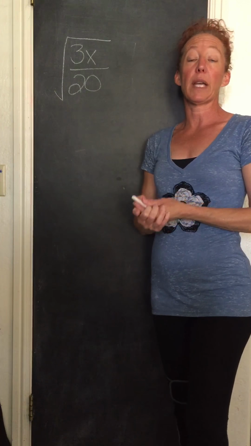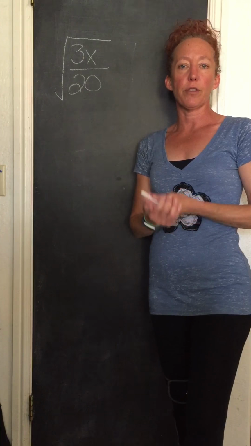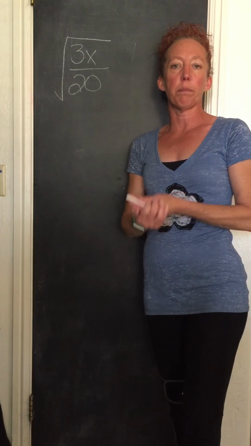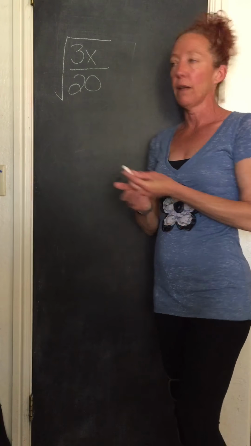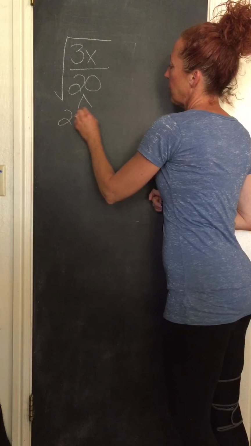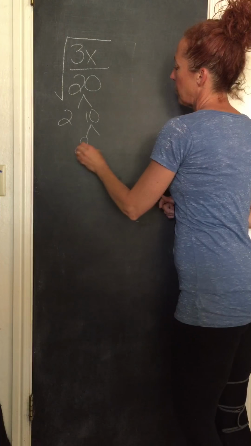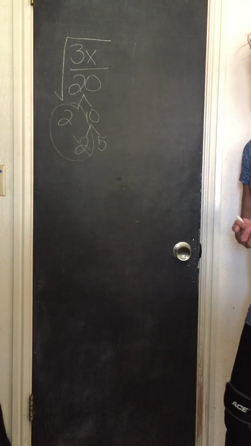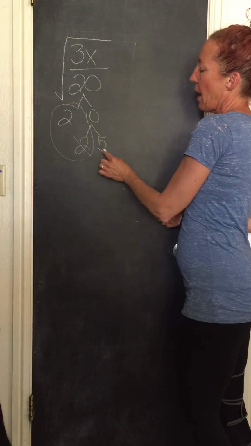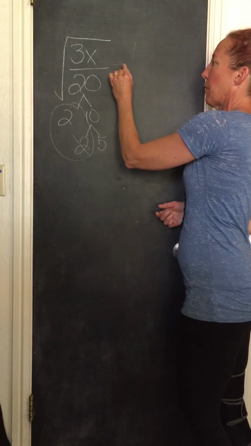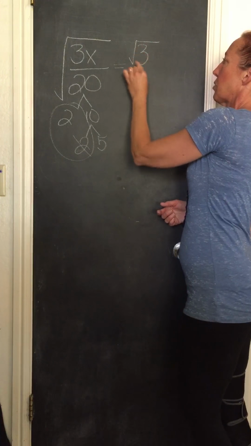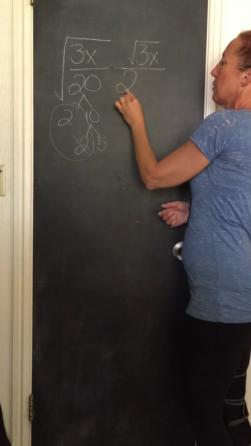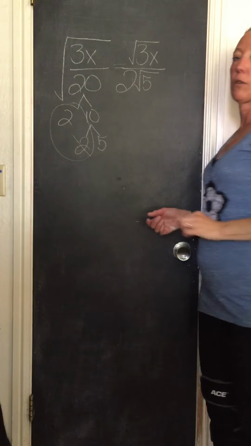So what I would do again is reduce first, simplify first if you can. 20 is 2 times 10. 10 is 2 times 5. We have a pair of 2's. One guy cancels. That 2 comes out. That 5 stays underneath the radical. So this becomes the square root of 3x over 2 radical 5.